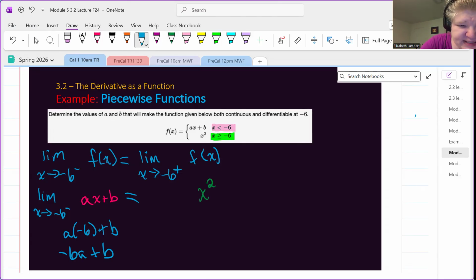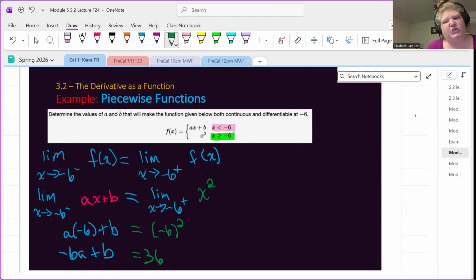But we still have the same limit, the limit as x approaches -6. And again, we can just shove the number in. So -6 squared is 36. So I have an equation here: -6a plus b equals 36.